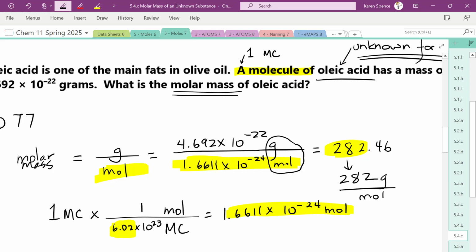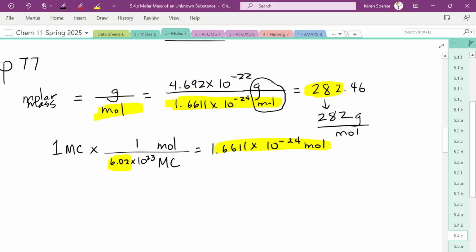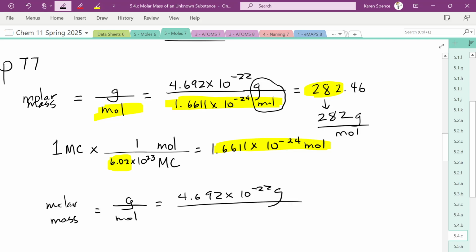Okay. Could you do it a little more efficiently? You probably could. Molar mass is equal to grams over moles. Let's throw in our grams, 4.692 times 10 to the negative 22 grams. What if I didn't put moles down there? What if I put my molecules?